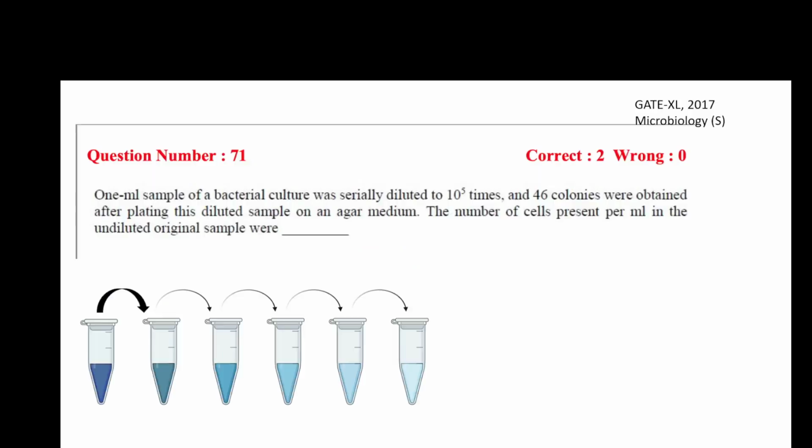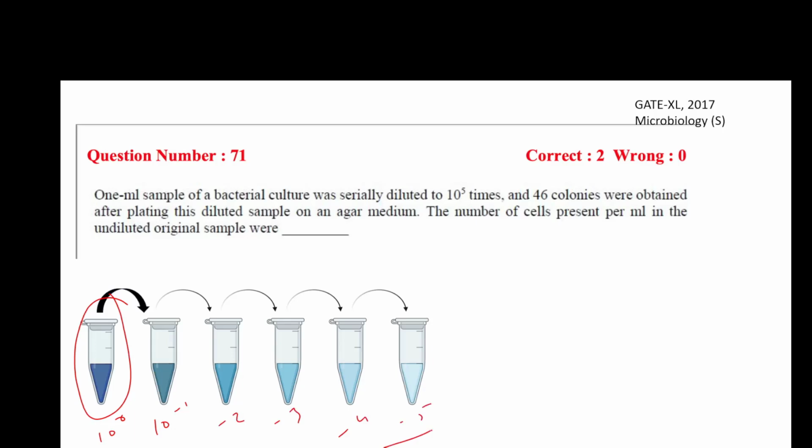Next, in the question, what they did was dilute. The 1 ml recovery volume they diluted 10 to the power 5 times. So this is 10 to the power 0 dilution, this is -1, and this is -2, -3, -4, -5.